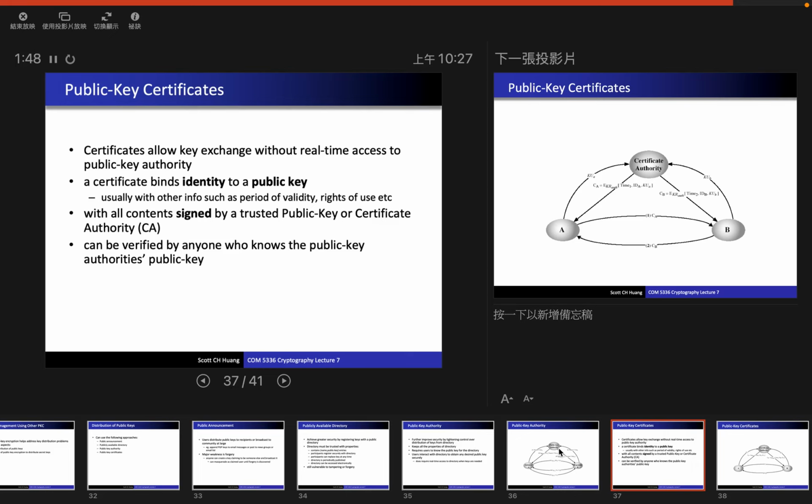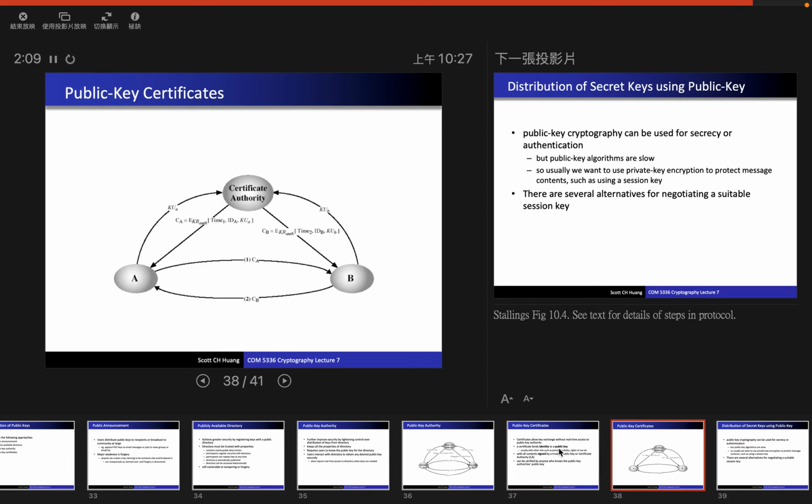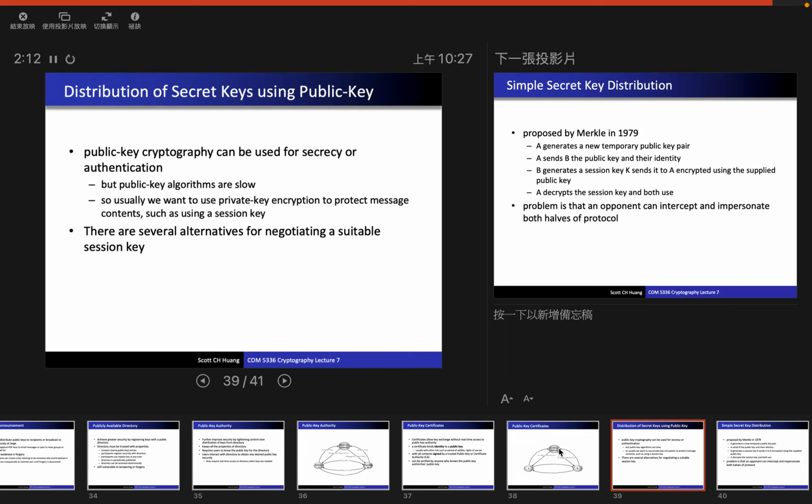Once you can be sure of the person you're communicating with, you can apply Diffie-Hellman key exchange. So you can exchange keys, and the authority does not have to be online all the time. It just issues a certificate. So that's public key. We'll talk more about that.